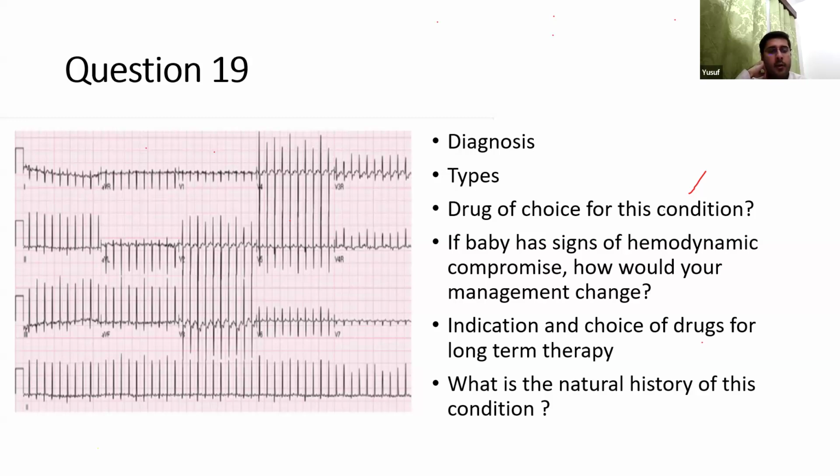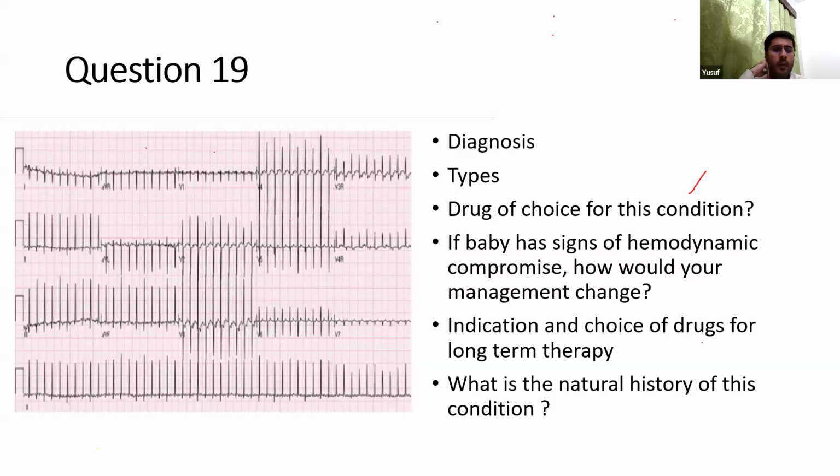Okay. And among the antidromic and orthodromic AVRT, which is more common? Orthodromic, correct. Okay. So, what is the drug of choice for this condition? Correct, adenosine. So, if this baby is having signs of hemodynamic compromise, would your management change or will it remain the same? Very good. So you would do a DC cardioversion for this condition.